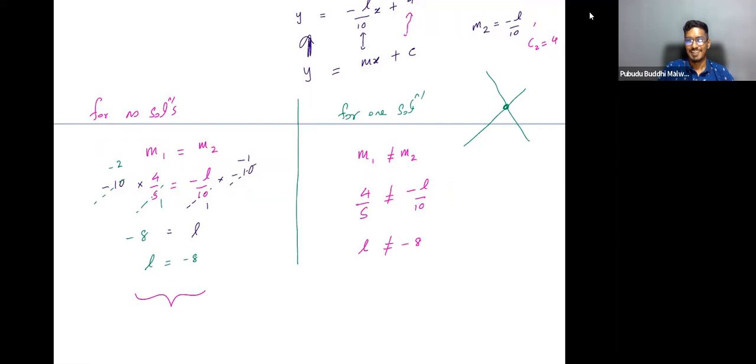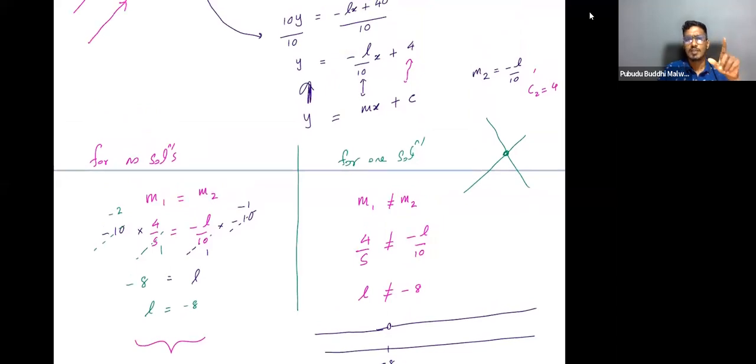So basically, so many values, infinite L values. Except -8, all the other values are fine. For all the other L values, you can solve that system. That's the idea.